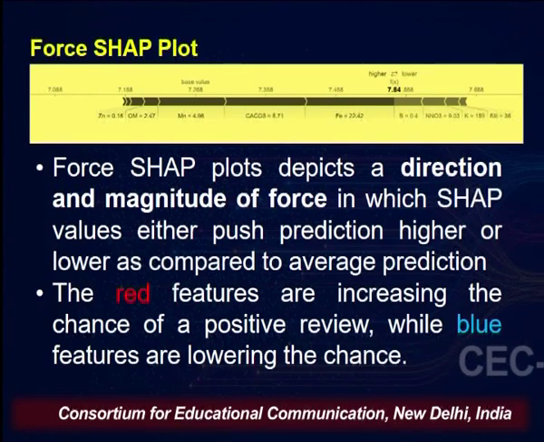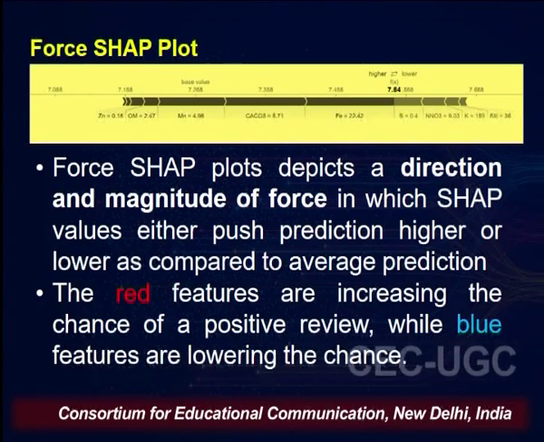The one having more impact will take a larger size, and the values are also given, and finally the features provide the numerical impact towards the model prediction. The features in red, in this case, show the increasing of the values or the chances of a positive target value, and the blue features are lowering the chance.